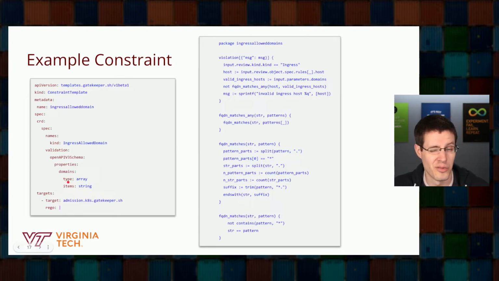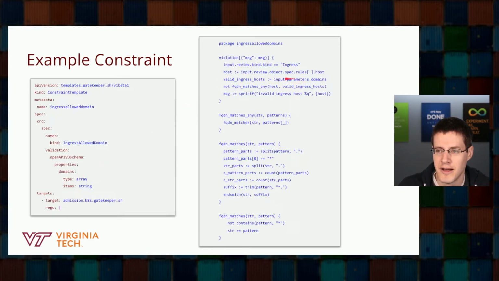Okay, and again, we'll see what this looks like here in just a second. But it allows me to kind of create the specification for this new custom resource, and these are going to be the input properties, which we'll see over here, the input parameters that will be used in my Rego. Okay?